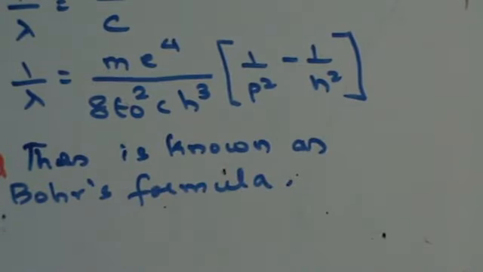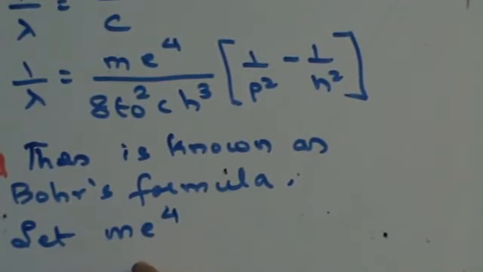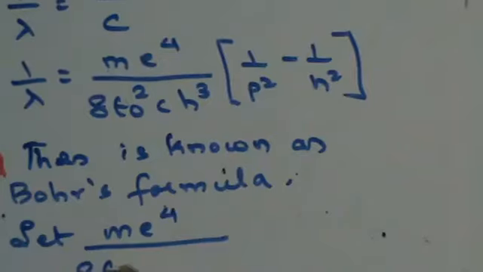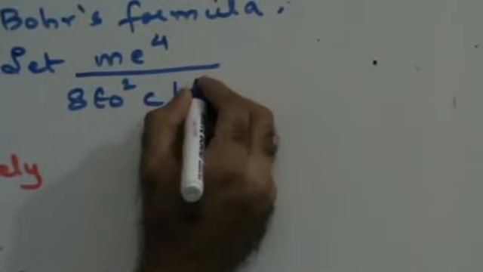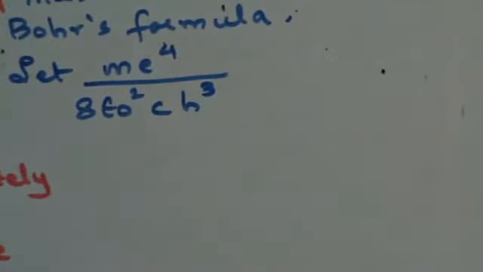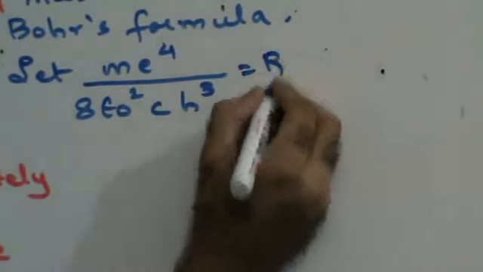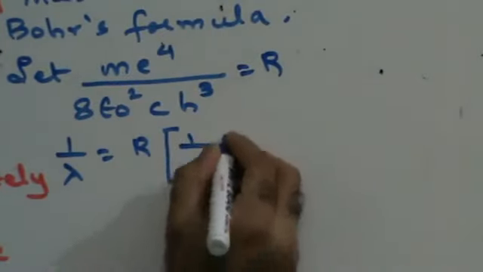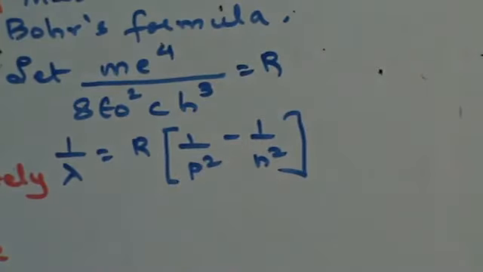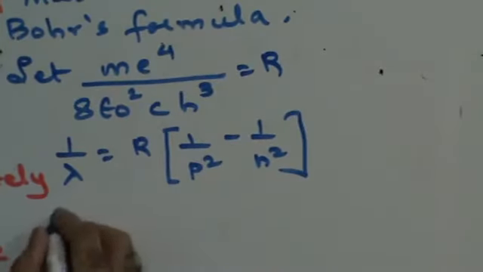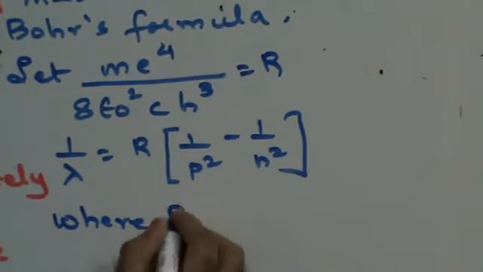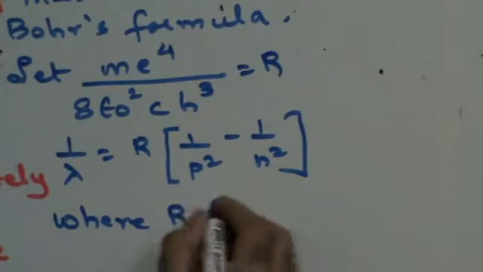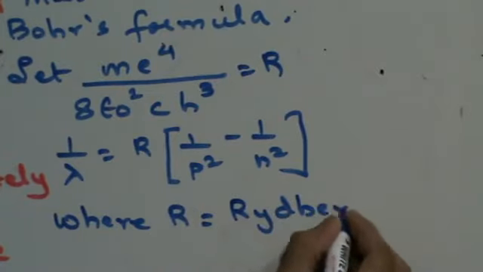Once I have Bohr's formula, then let us assume that me^4, mass of the electron, charge on the electron, permittivity of space, velocity of light and Planck's constant, all are constant. Let us assume that this is equal to R. So in that case I'll get 1 upon lambda as R times 1 upon p square minus 1 upon n square, right? Where R is called as Rydberg's constant.